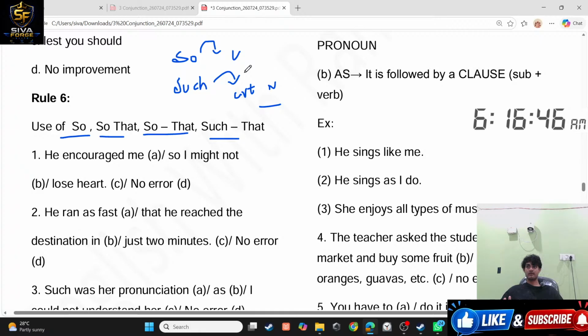If we use so and an adjective, then we have to write so, adjective, article, noun, like that. This is so grave a sin, like that.